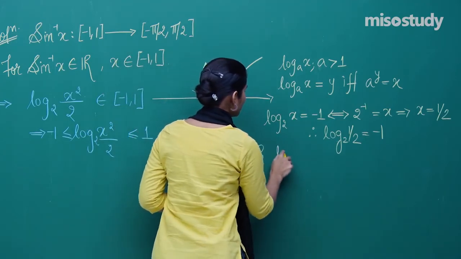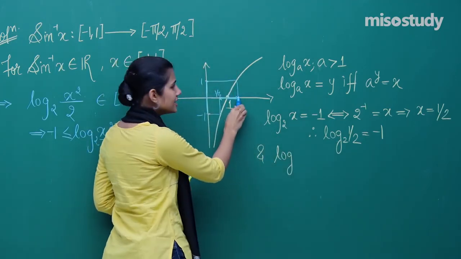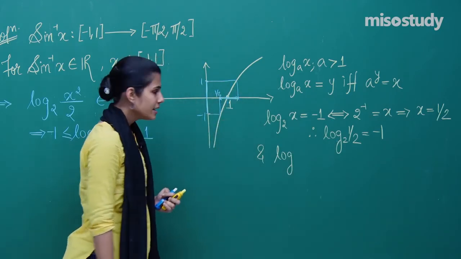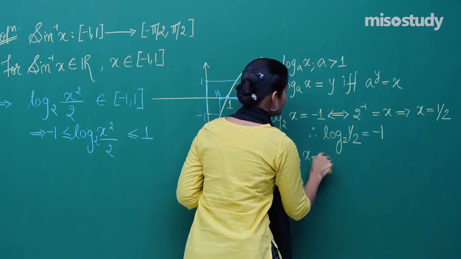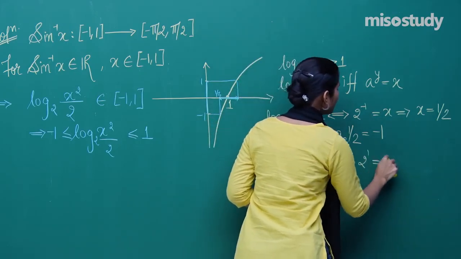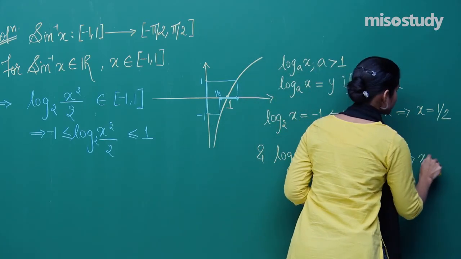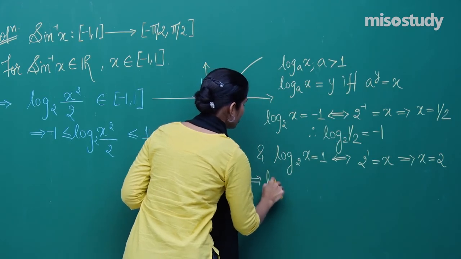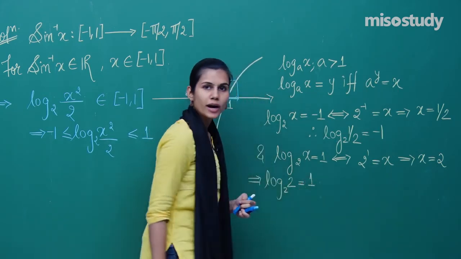And here I want such x that log x is 1. For log x to be equal to 1, this is possible only when 2 to the power 1 is x by the definition of log, which means x is equal to 2, implying that log 2 to the base 2 is 1.